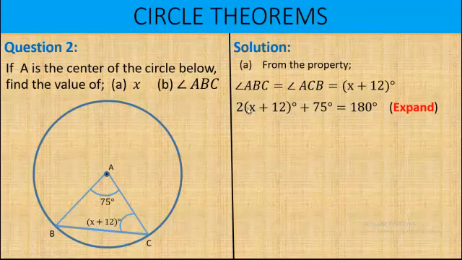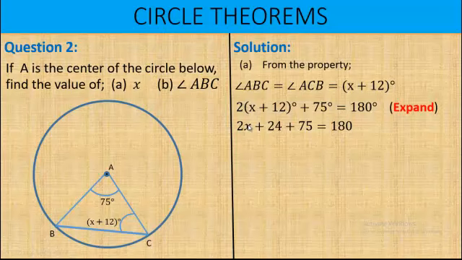That's why it is multiplied by 2, because the base angles are 2. That's 75 degrees equal to 180 degrees, because the sum of interior angles of a triangle is equal to 180 degrees. Now you have to expand.